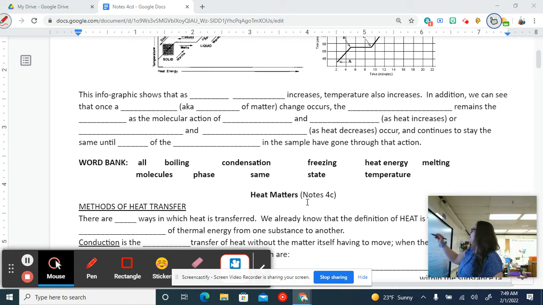This infographic shows that as heat energy increases, temperature also increases.